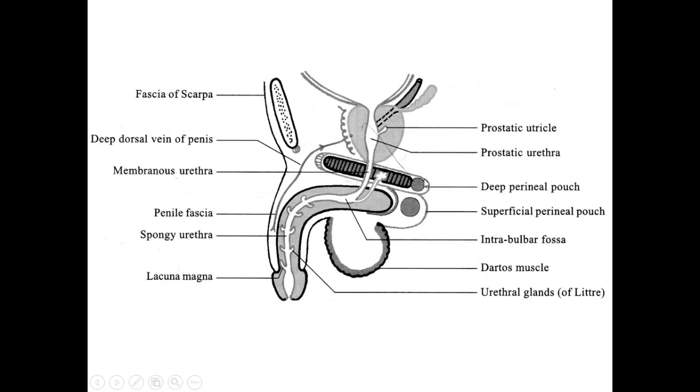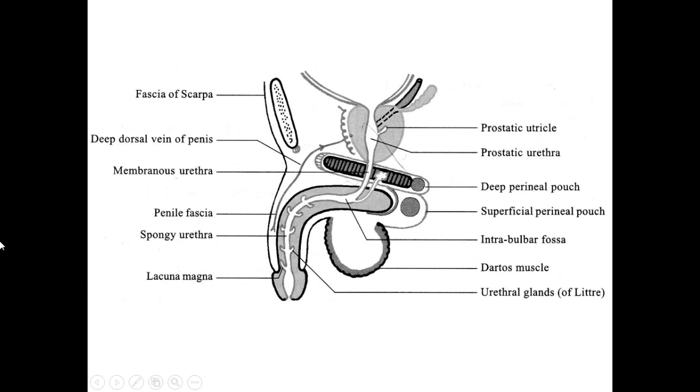The upper layer will be continuous with the superior fascia of the urogenital diaphragm, and the lower layer will be continuous with the Colles fascia. In this portion is our deep perineal pouch, and below the perineal membrane, this area is the superficial perineal pouch.